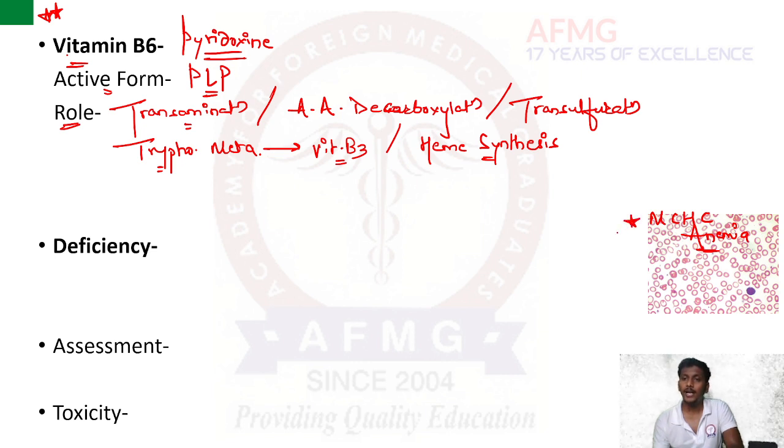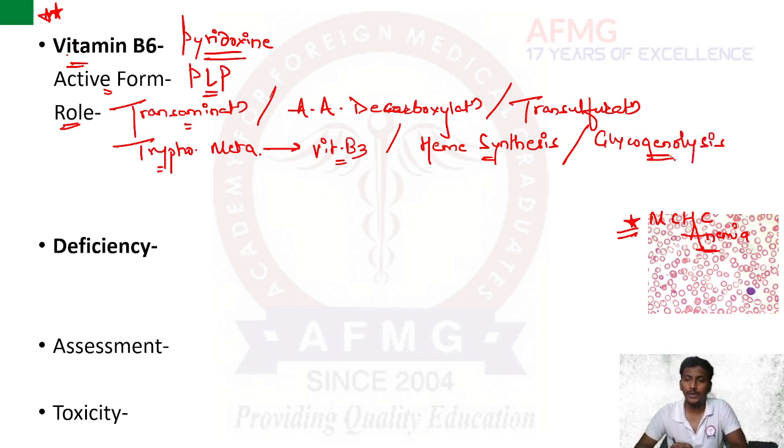So a microcytic hypochromic anemia can be noticed in a patient of pyridoxine deficiency. Apart from that, the rate limiting enzyme of glycogenolysis, that is glycogen phosphorylase, also uses vitamin B6 as a coenzyme. Please remember.